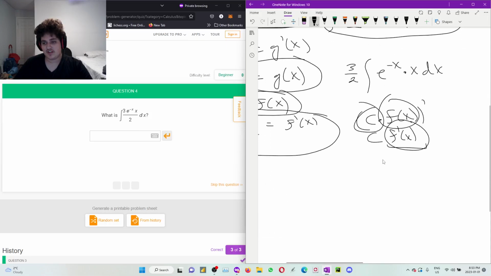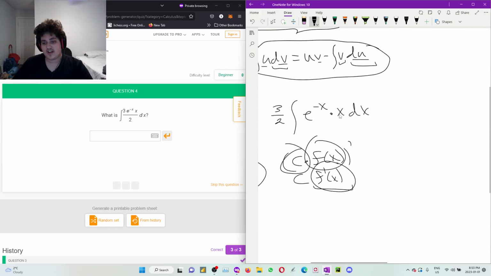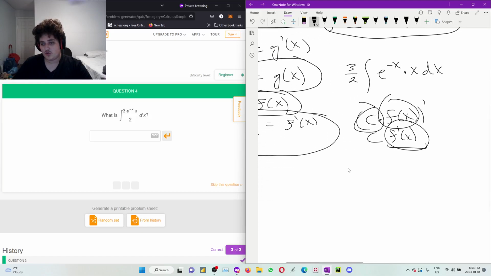When you differentiate e to the minus x, you're using the chain rule, so it'll just be e to the minus x times minus 1. You're not changing much about it. But if we differentiate x, we can get rid of the x, it'll just go to 1. So that's why we want to make our u equal to x and our dv equal to e to the minus x dx.